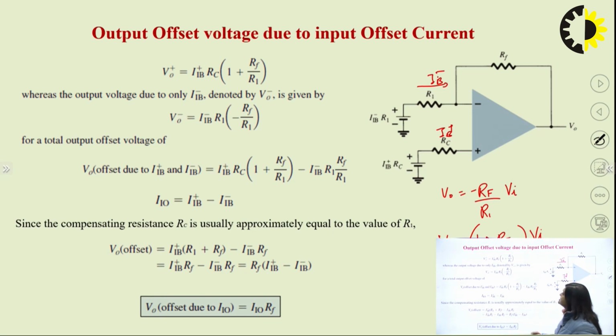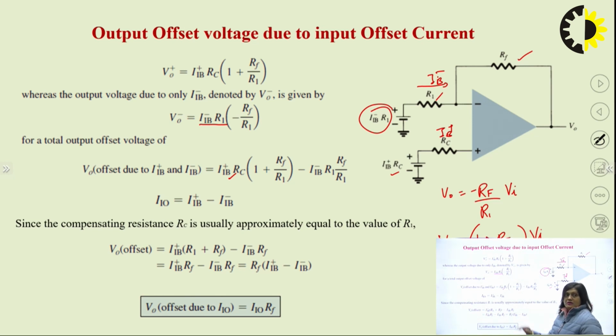So we are simply putting the values here. V naught for the negative terminal, the inverting input case. So here the potential is this much at the inverting end, and minus Rf upon R1. So Rf is this much, R1 is this much. And for the non-inverting terminal, we have 1 plus Rf upon R1. This much is the potential here, and 1 plus Rf upon R1.